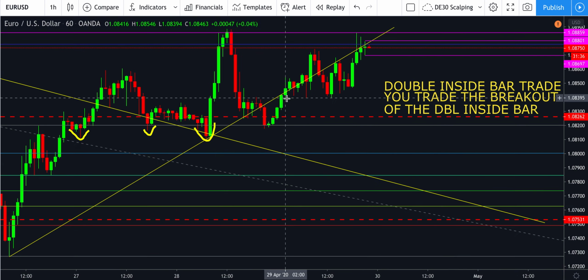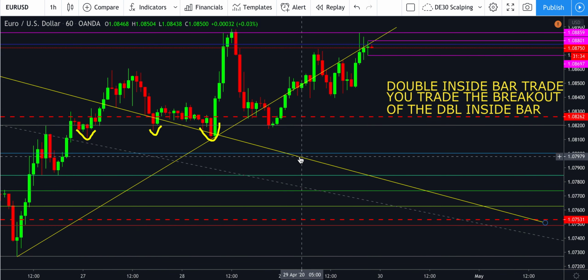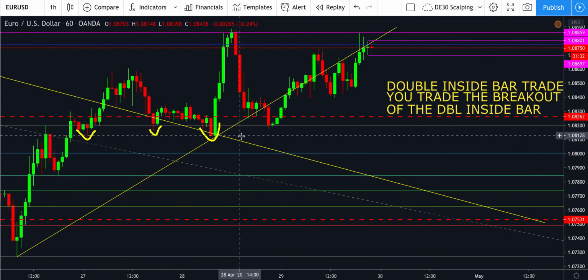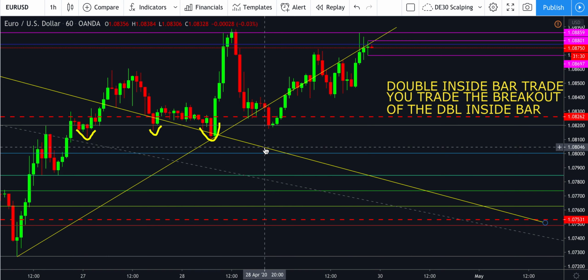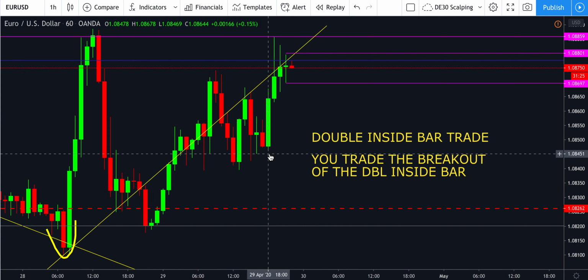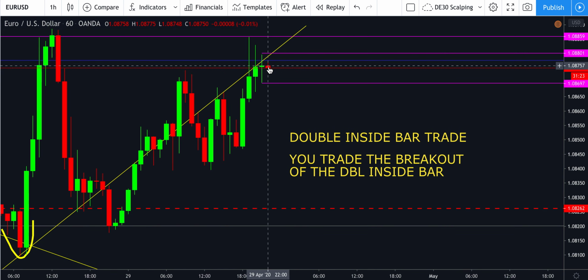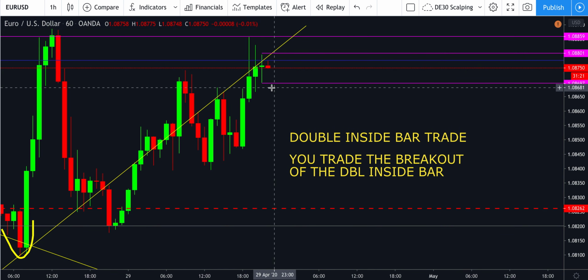Why? Because we've broken a long-term bearish trend line. So you have to be careful if price comes down. I would say you need to have experience to do that.